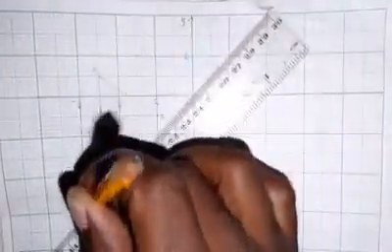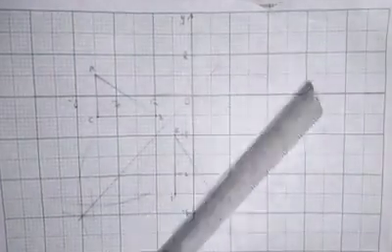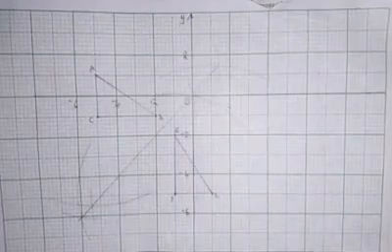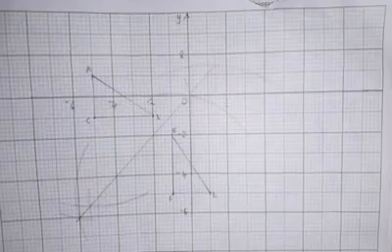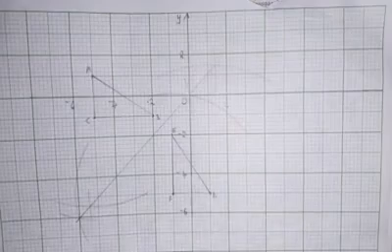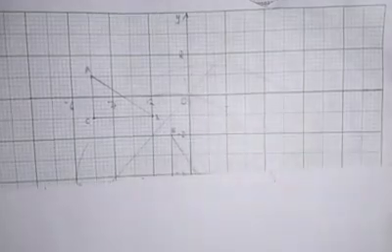So here you draw something like this. So this is your line. Now remember, when you talk of reflection, we have 4 lines. Here I want to describe fully.